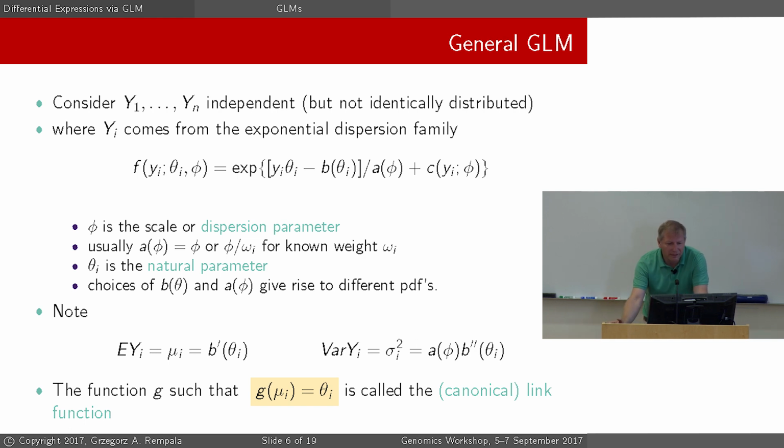For instance, the expected value of these y i is obtained simply by differentiating this b function here. If I know what the b function is and take a derivative with respect to the parameter, then it turns out that this is nothing else but the mean. And in a similar fashion, if I take the second derivative of b and multiply it by my dispersion, then I end up with the variance. These are just some properties of these functions which are very helpful.